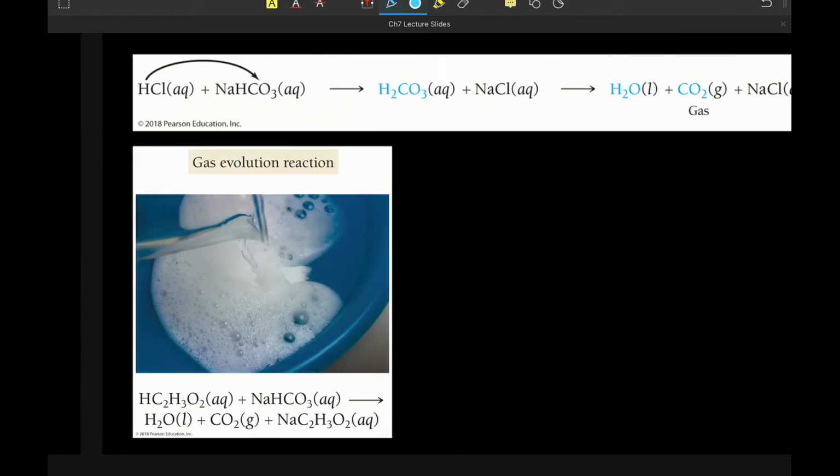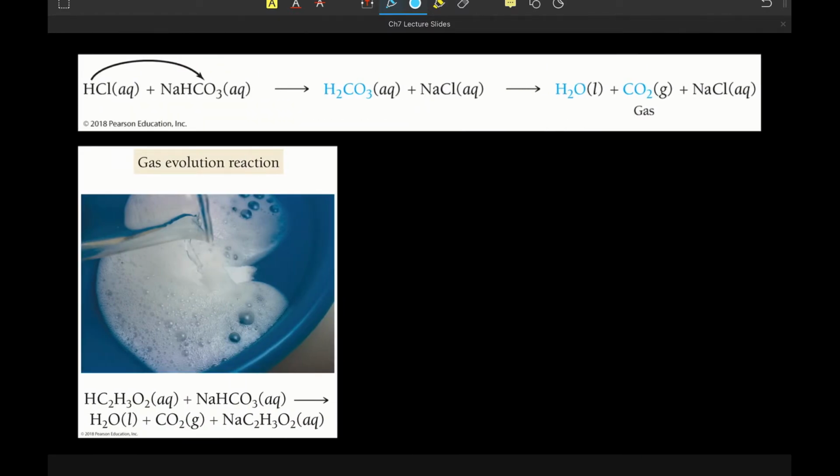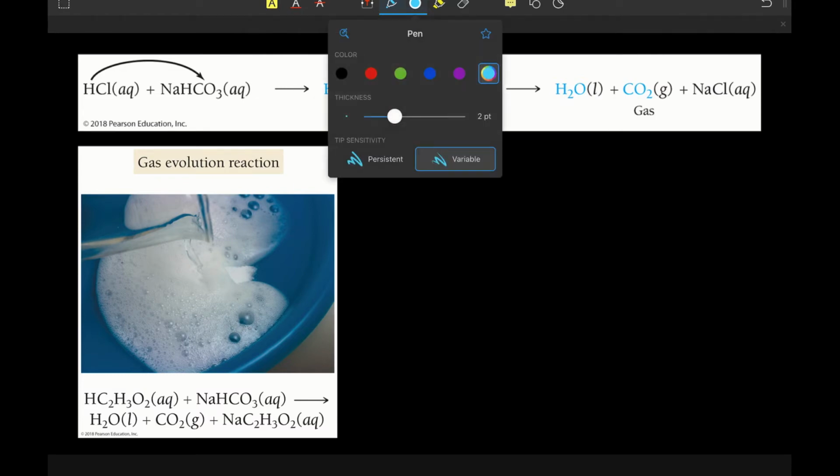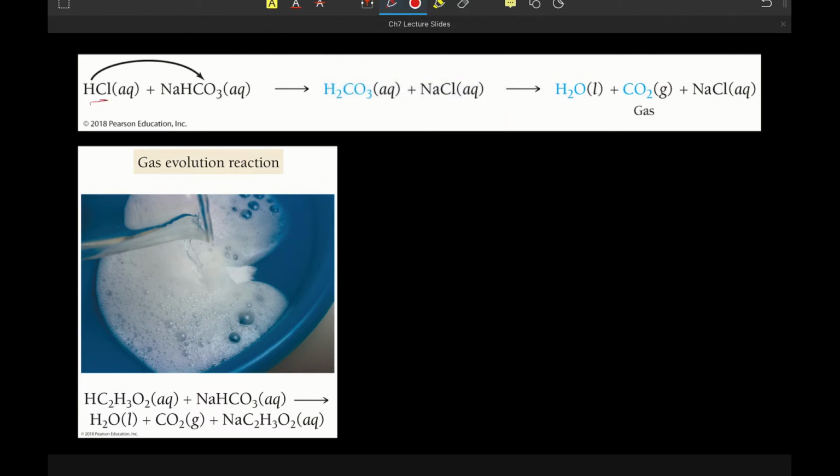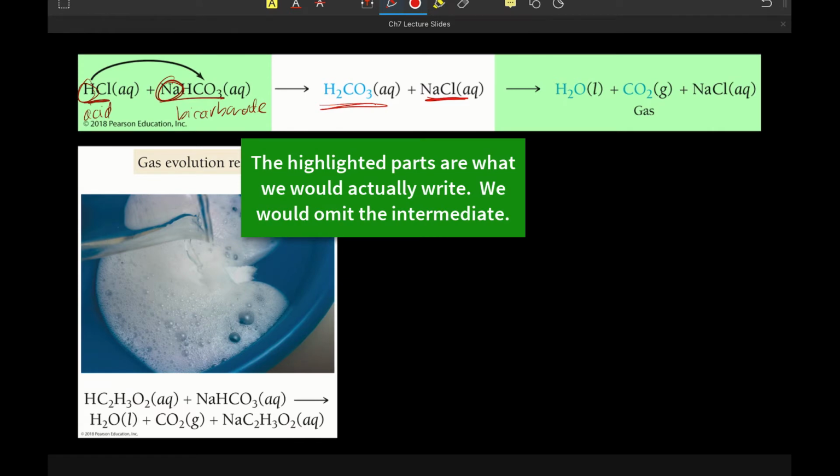Your book spells this out quite clearly, where we have an acid and we have here in this case a bicarbonate, which also does this same process, and we switch our cations, and we end up with NaCl as one compound and H2CO3 as our other. But then this H2CO3, like we just talked about, decomposes into water and carbon dioxide gas.